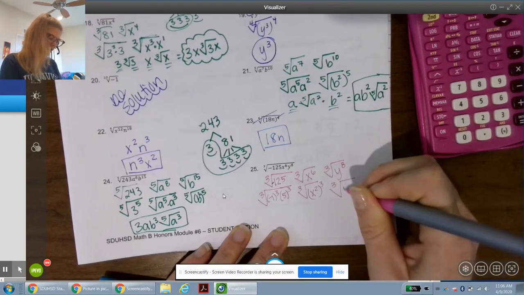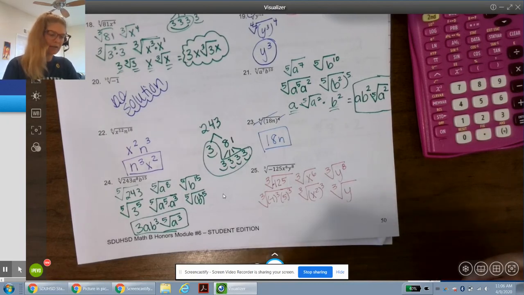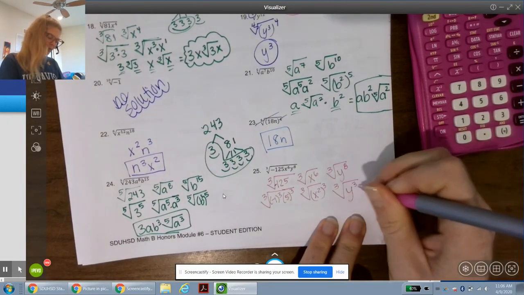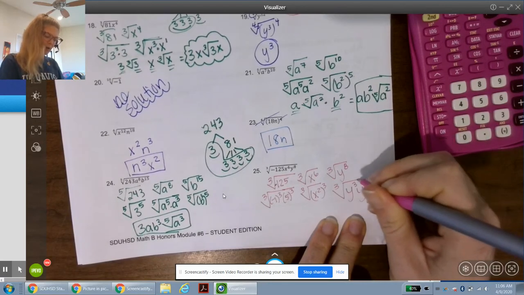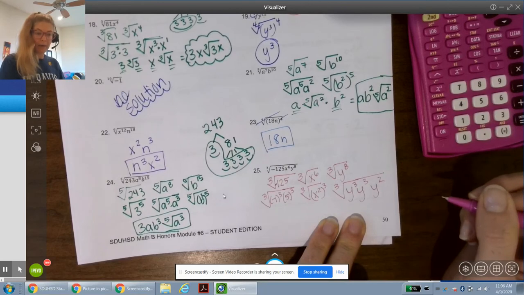Cube root y to the, okay, what's the biggest multiple of 3 that's still less than 8? Or you could always think about y to the 3rd. Well, I can do another y to the 3rd, 6, and then y to the 2nd. You can think about it that way if you wanted to.